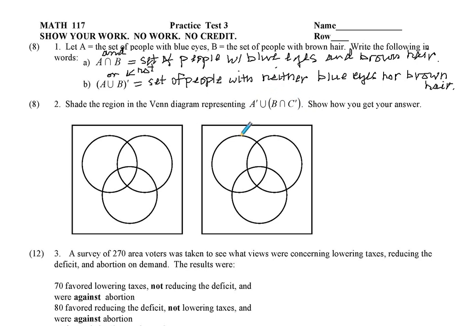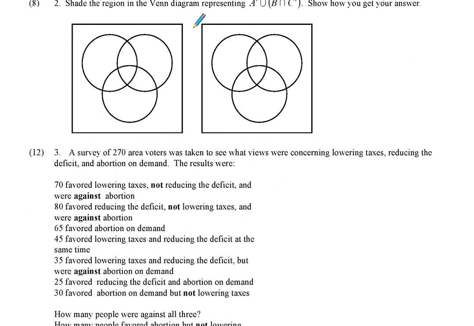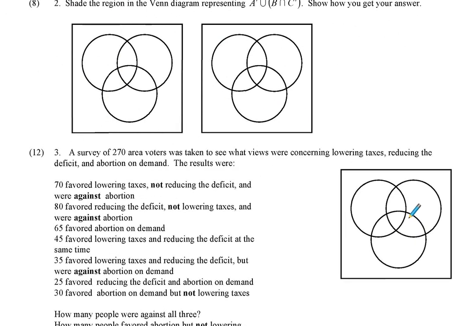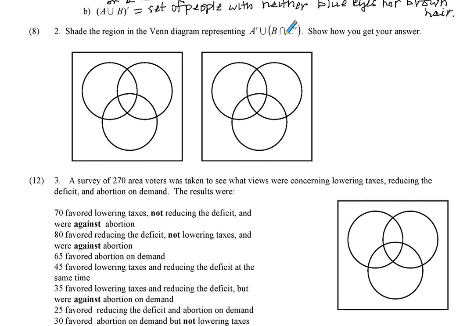So why don't we do this in steps, and I included a couple of diagrams here for you. And actually in our next problem we could use one of these guys. Okay, so let's start by looking at this part here, the B and not C, or B intersect not C. So we want the overlap of B and not C. So let's first label our sets.